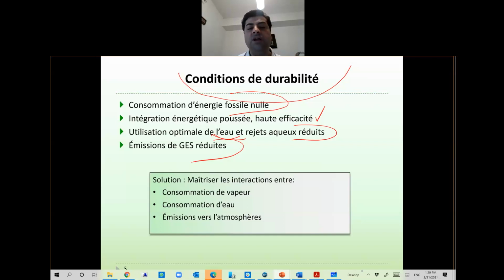Okay, so if you want to reach these goals, what we have to do, we have to optimize our vapor consumption, our water consumption, and also we have to find a relationship between all these streams and how at the end we can minimize emissions to environment.